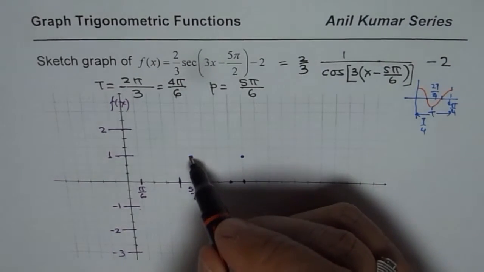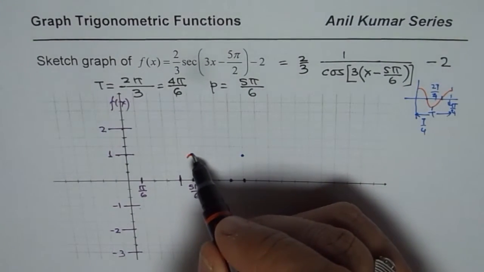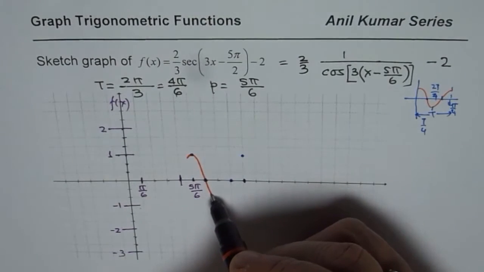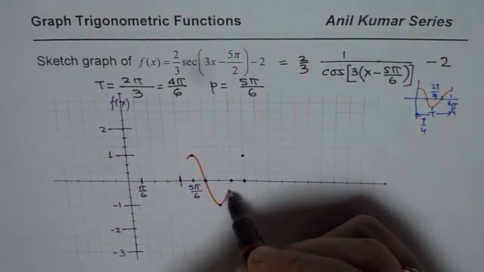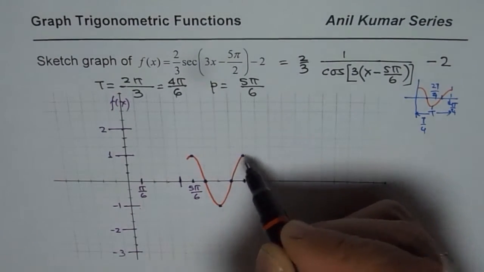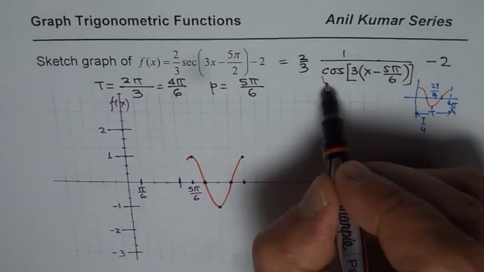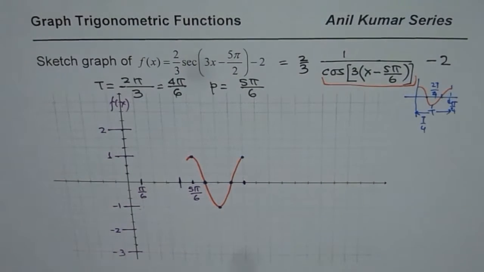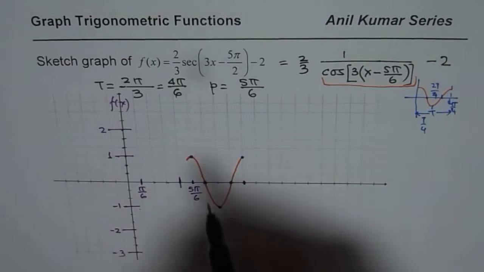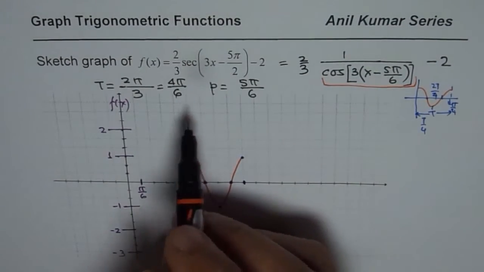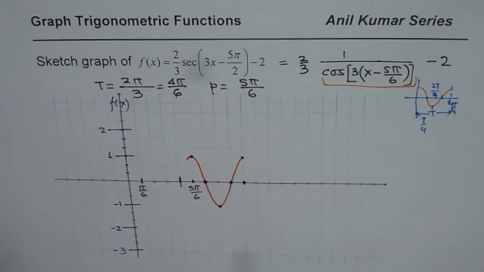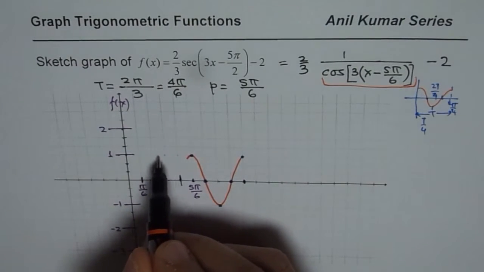Now let me just join them. We know it repeats, so let me join them with the help of a good cosine graph. I hope you appreciate how we have drawn this, right? So we get one cosine wave, which is this one. Now the whole idea is we can repeat it. Repeating means the time period is 4 pi by 6, 4 units, 1, 2, 3, 4.